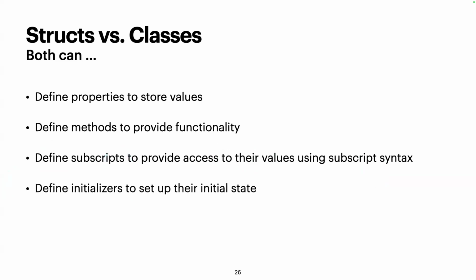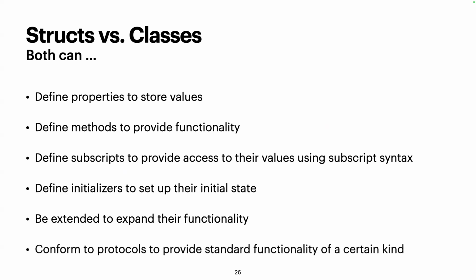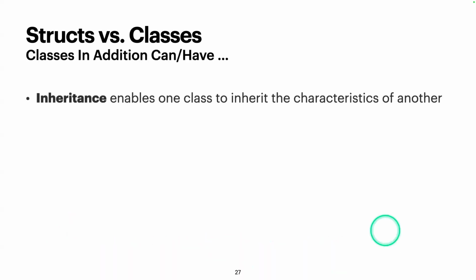Both can define initializers to set up their initial state, and they can be extended to expand their functionality via protocols. Protocols in 61B is what we call interfaces, but don't worry if that doesn't make any sense. And they conform to protocols to provide standard functionality of a certain kind. Classes, in addition, also have inheritance.